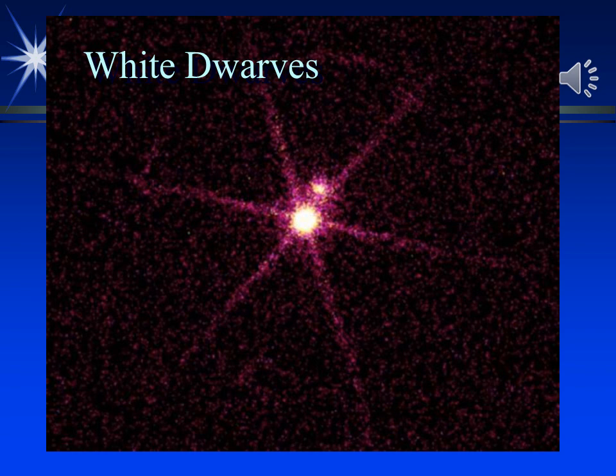It has no energy source anymore. It's just a rock made of a lot of carbon. It's just very hot and it shines brightly. It's not shining so incredibly brightly to outshine the rest because it's tiny. It has a mass closer to the mass of the Sun, but its size is about the size of Earth. Very dense.